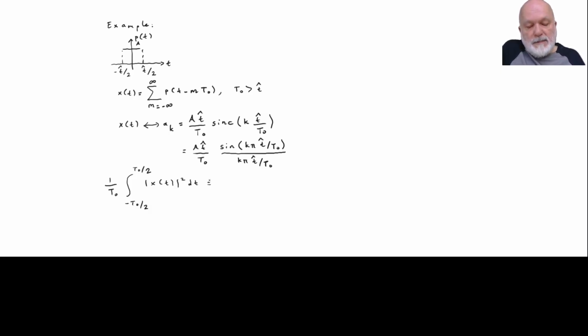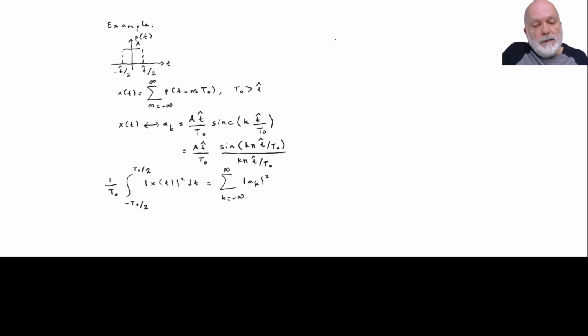So this is equal to, by Parseval's identity, the sum over k from minus infinity to plus infinity of modulus of ak squared. Also, we see in this case that the ak's are real valued. In general, the coefficients are complex valued, but for this case, they turn out to be real valued. So, in this case, we are going to have the square of the ak's simply.